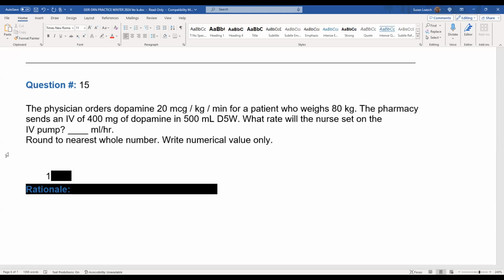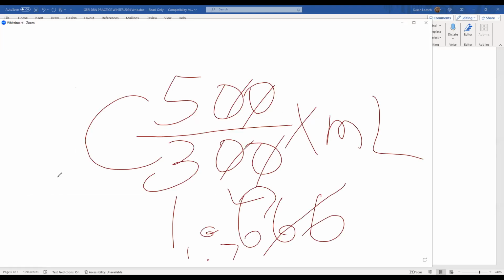Okay. Now, here's the problem. Your desired dose is going to be in micrograms and it's going to be per minute. And you have to get to mLs per hour. So the nice thing is your weight is already in kilograms here. So write your weight down and write down the order, which is 20 micrograms per kilogram per minute. Okay, so we're trying to get to mLs per hour.